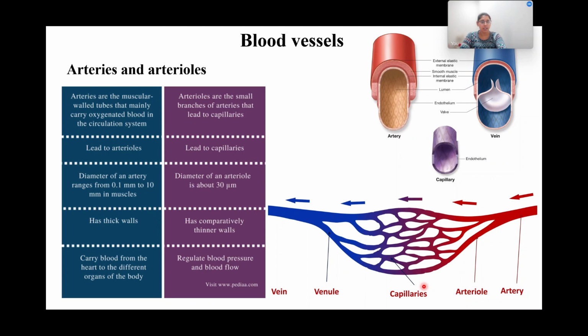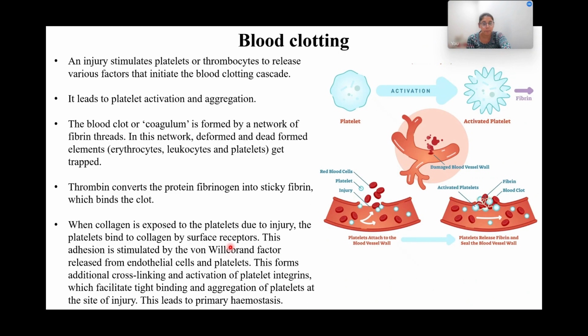Even further, if you want to study it better, when the collagen is exposed to platelets during injury, collagen is here at the site of injury. The platelets will bind to the collagen via surface receptors, mainly via the von Willebrand factor.